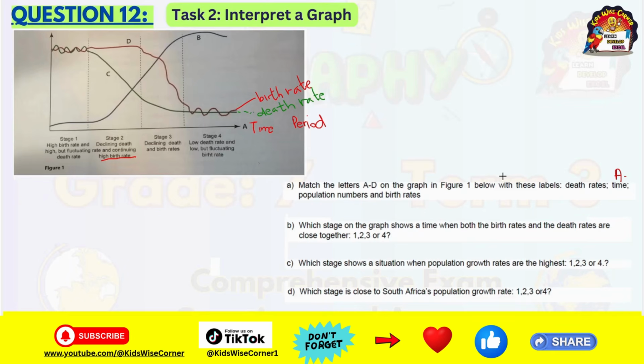So our C is the death rate and our D is the birth rate. Which leaves B as our population numbers.